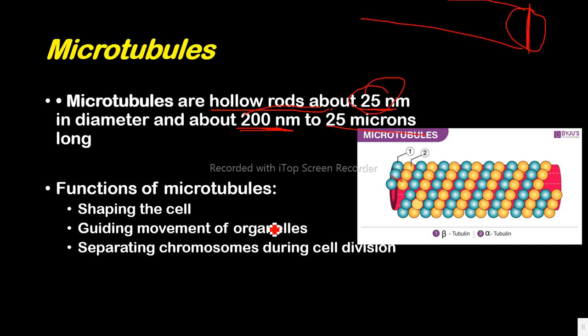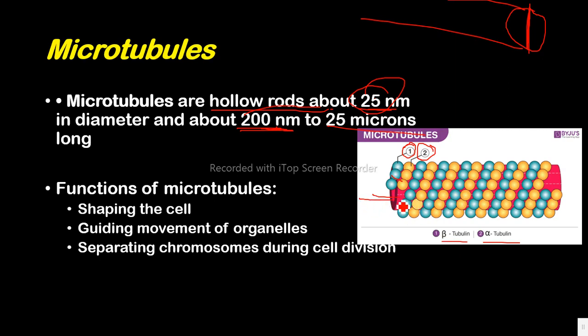So in other words, they are elongated within the cell. And you can see it is just a fibrous protein made up of two polypeptide chains, the beta tubulin and the alpha tubulin. These two. And these polypeptide chains, they are the ones that are wound together into a helix, to give rise to a tube, like how you see.